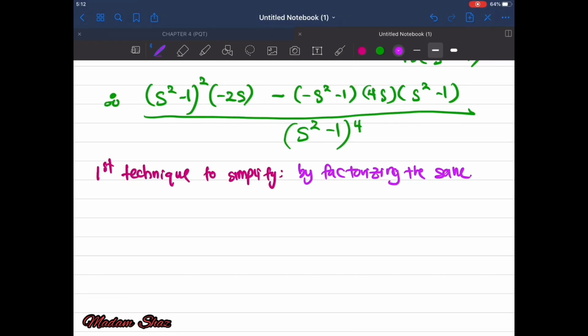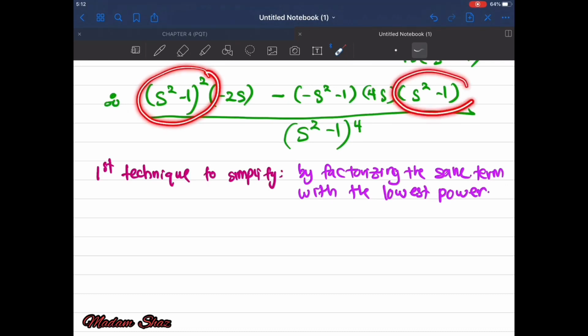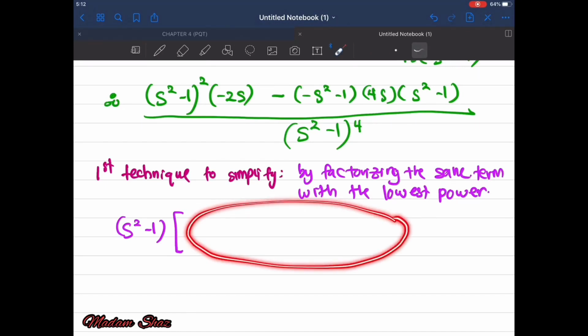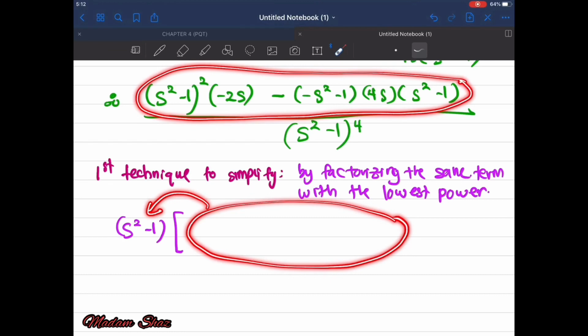Okay, so you have to factorize the same term with the lowest power. You have power 2, power 1, and power 4, so the lowest power is power 1 here. So we will factorize s squared minus 1 to the outside, and then in this bracket, we will write back what the terms are. When you multiply with the s squared minus 1, you will get back the whole thing at the upper side.